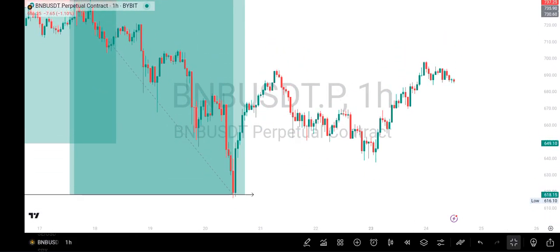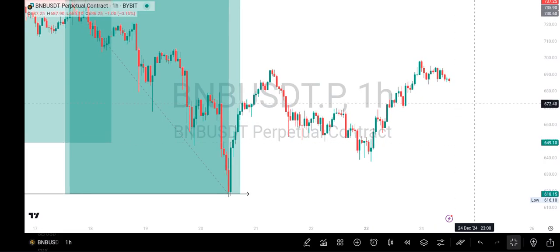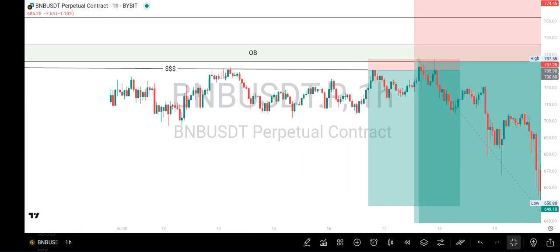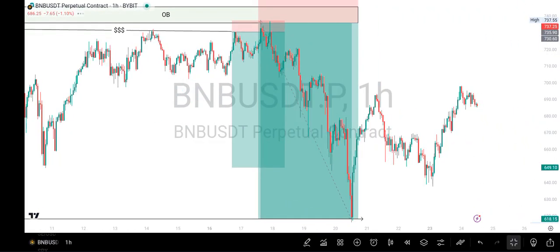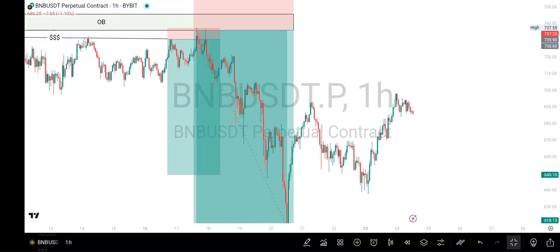You can see that the market is still printing lower lows and lower highs even on the 1 hour time frame.